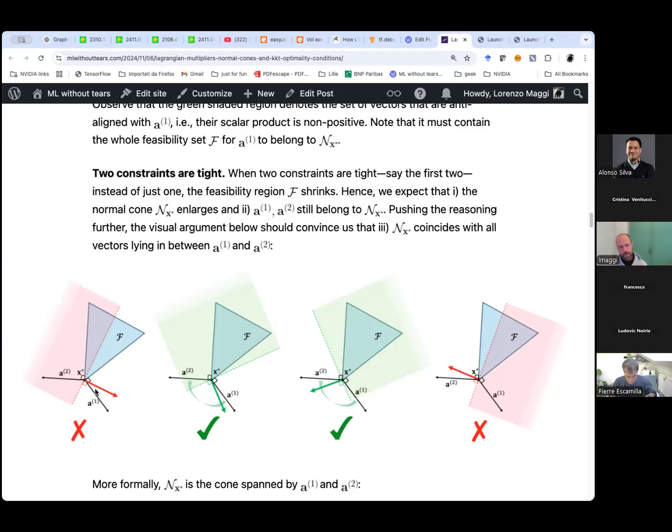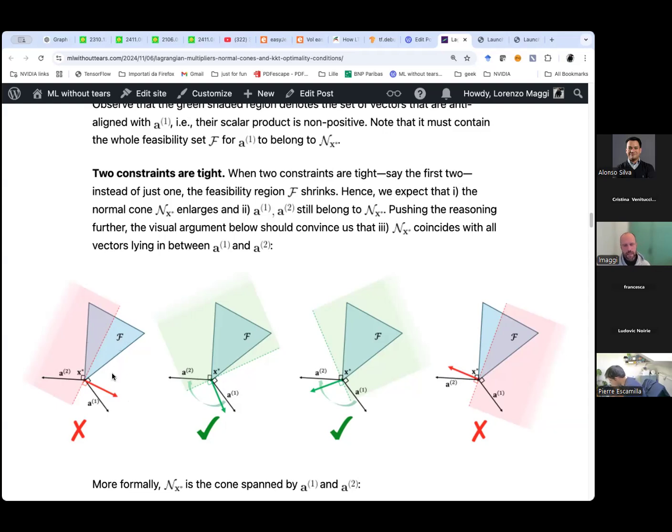The figure says that if we take the hyperplane associated with this vector, it points the other direction. For this vector to be in the normal cone, the visible region has to be contained in this hyperplane, and this is clearly not the case.